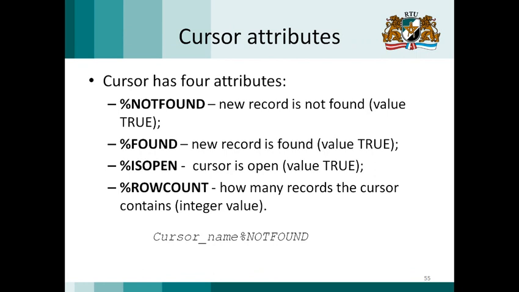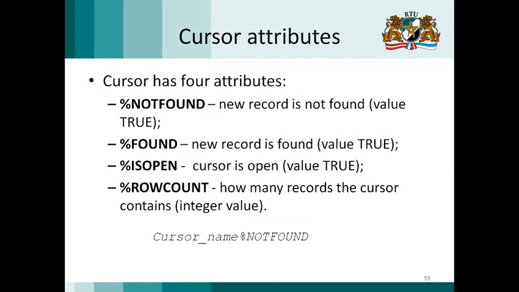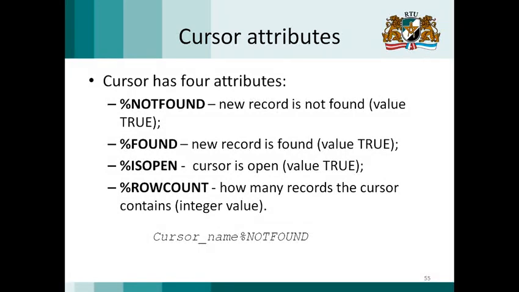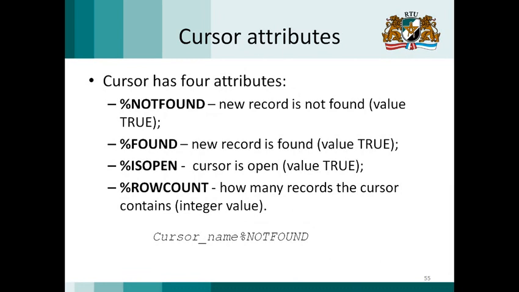And these cursors actually have 4 attributes. First, you already saw, is not found, that a new record is not found. There can also be a found attribute when there is a new record, so we have found a new record and we can use it. This attribute detects if the cursor is open or closed.